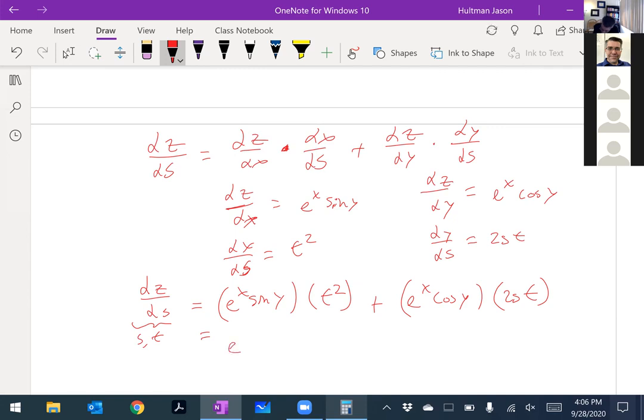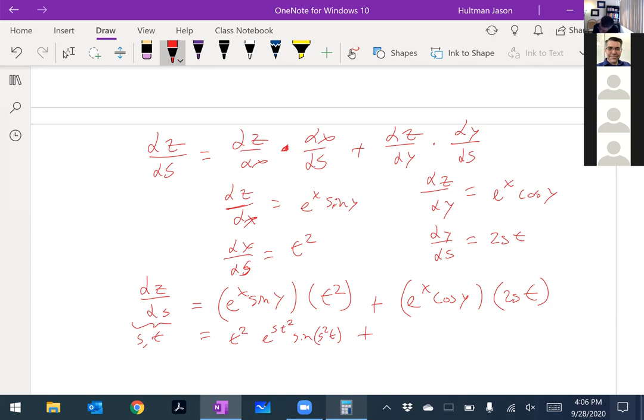I'm going to rewrite this as t squared first. This is going to be t squared times e to the st squared, since x was st squared. Sine of y, what was y? y was s squared t.